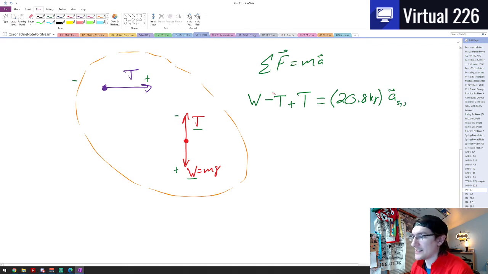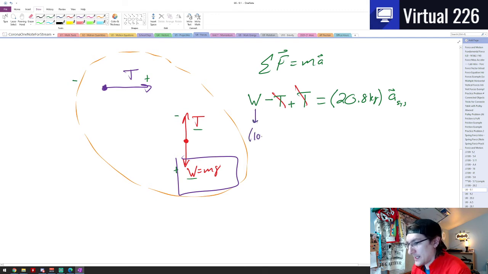We quickly see that these tensions cancel each other, and we can replace the weight here with just the weight of the block that is falling. So we know that this weight is the 10.4 kilogram block, the mass, times the gravity, 9.8. And this will equal 20.8 times the acceleration.